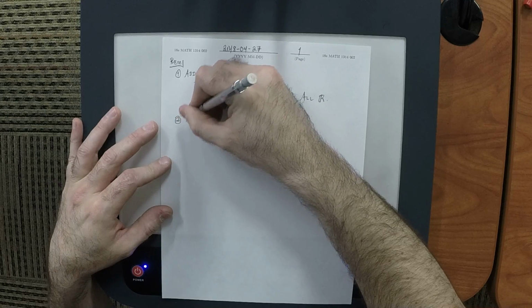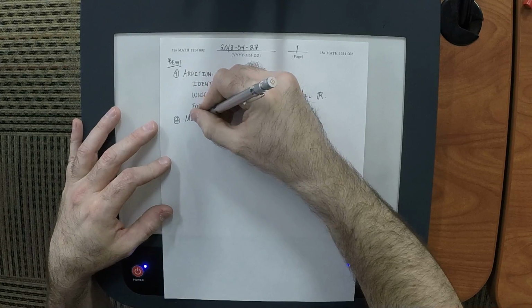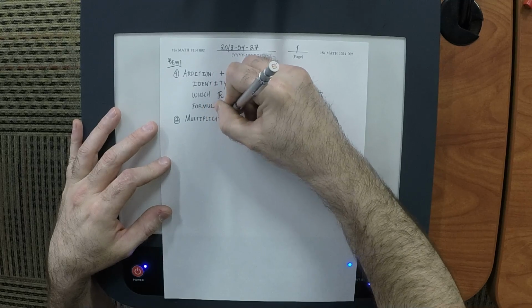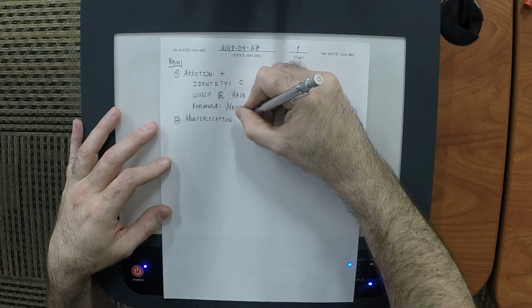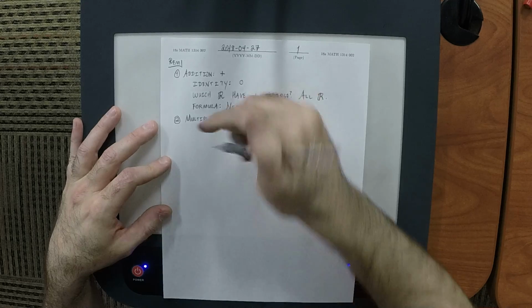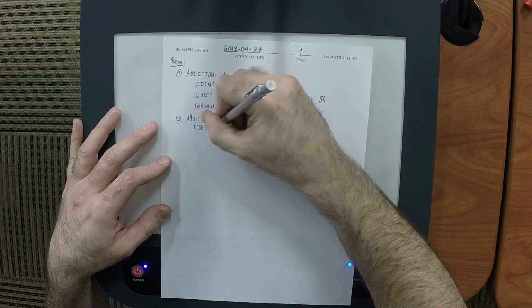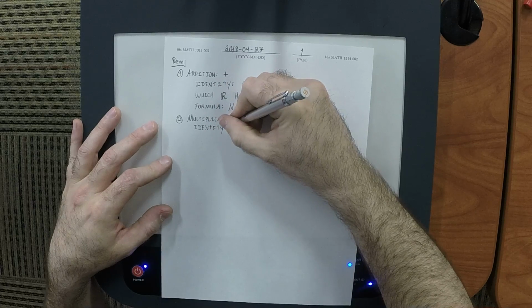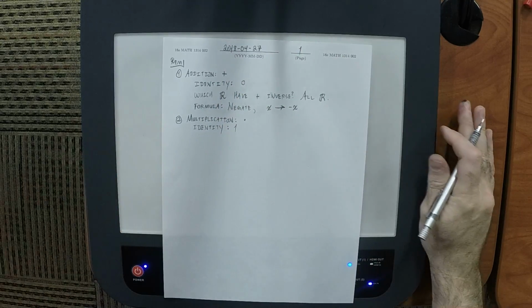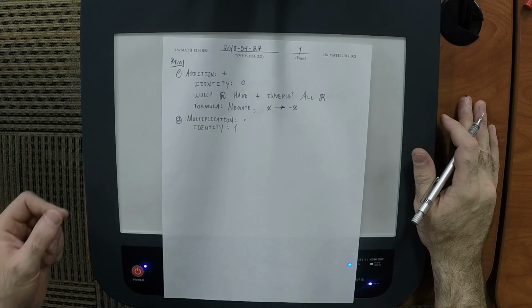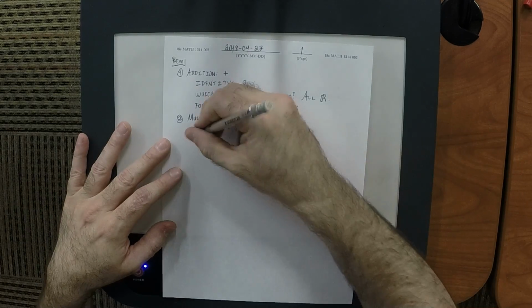Multiplication is a little more complicated. Of course, it's denoted by dot. What's the identity of multiplication? 1. Because multiplication by 1 requires no undo button, right? It doesn't actually do anything.